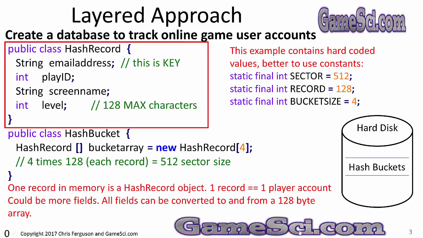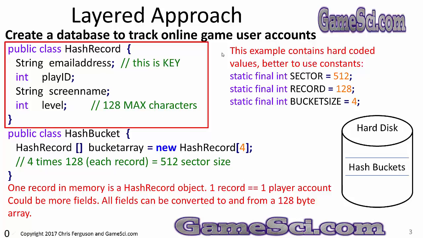Here's an example. In the red box, we have a public class hash record. We'll keep track in each hash record of an email address, a player ID, a screen name, and an int level of the game they're on. Our email address will be the key, and the maximum number of characters in each hash record is going to be 128 bytes.